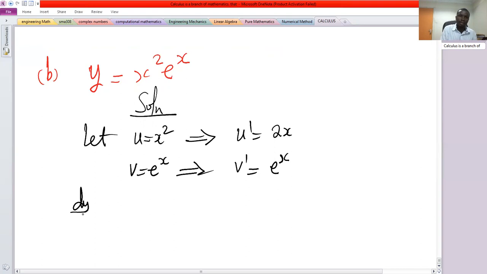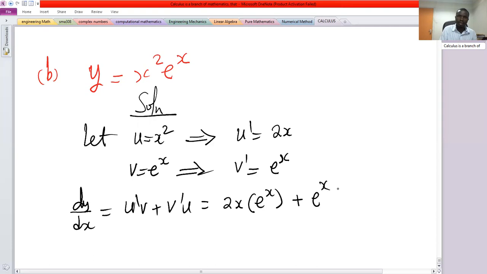So dy/dx is u prime v plus v prime u, which will be 2x times v, e raised to power x, plus v prime, e raised to power x, times u, x squared. So this is the same as 2x e raised to power x plus x squared e raised to power x.